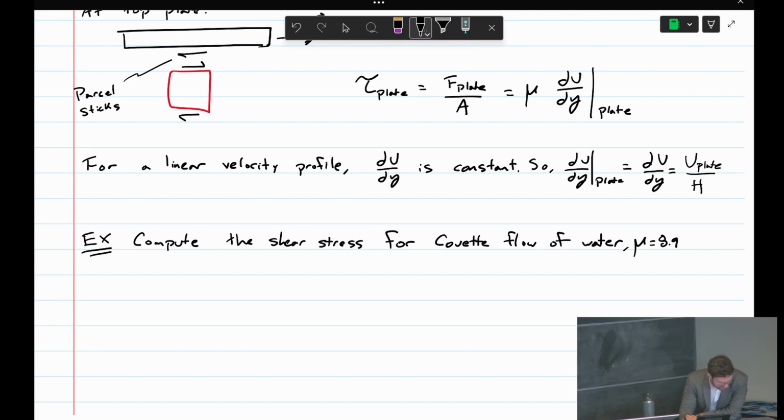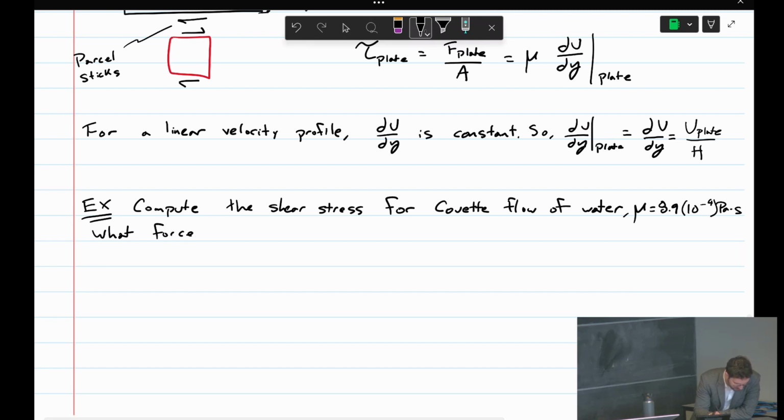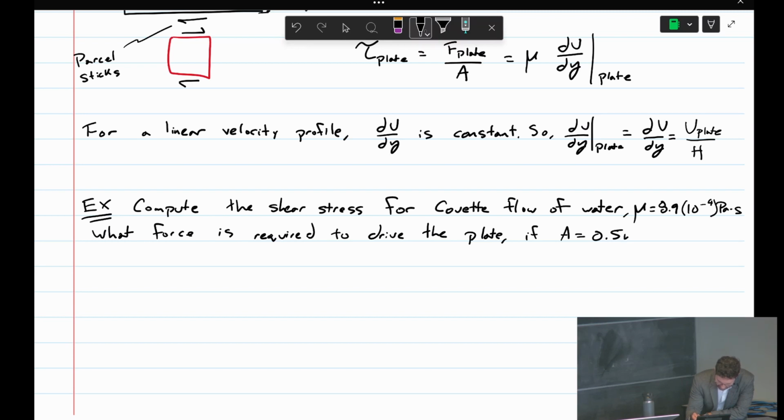We'll take the dynamic viscosity of water to be 8.9 times 10 to the negative 4 Pascal seconds. The second part of the question is what force is required to drive the plate if the plate area is 0.5 meters squared.